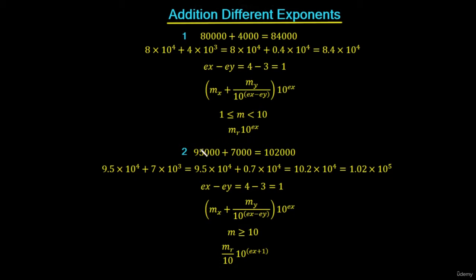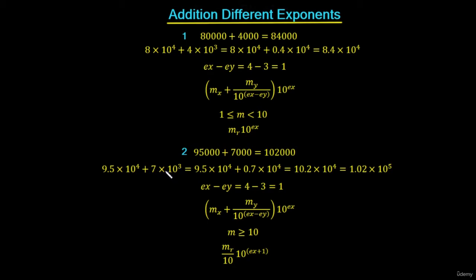Now let's look at a second example here. Let's say we have 95,000 plus 7,000, and that gives us 102,000. So again, we can write this as 9.5 times 10 to the 4 plus 7 times 10 to the 3. Now again, we have to make the smallest exponent equal the largest exponent.